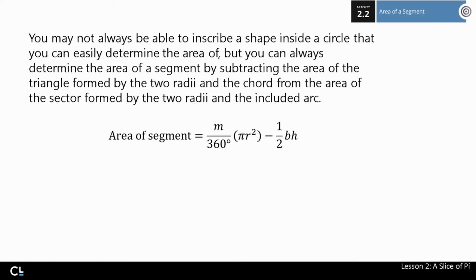And it says up top, you may not always be able to inscribe a shape inside a circle that you can easily determine the area of. But you can always determine the area of a segment by subtracting the area of the triangle formed by the two radii and the chord from the area of the given sector, formed by the two radii of the included arc.